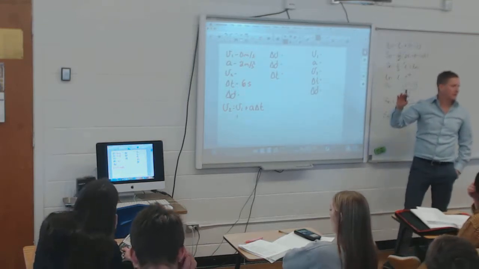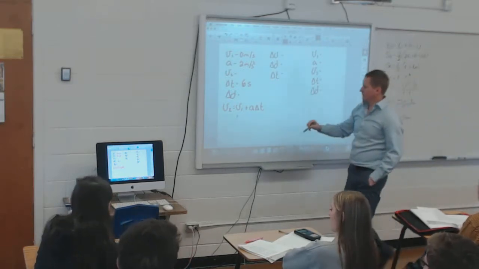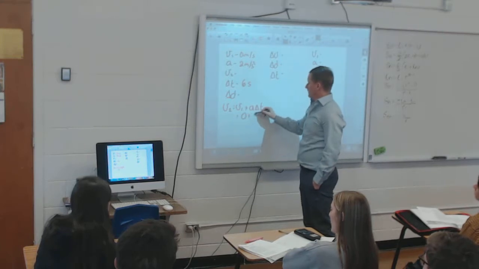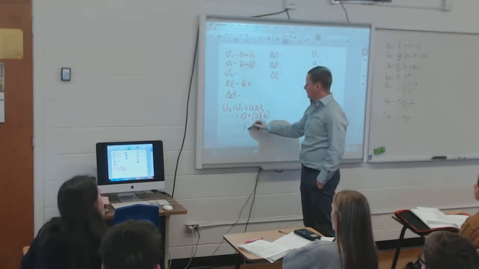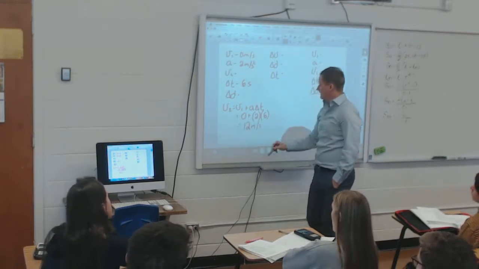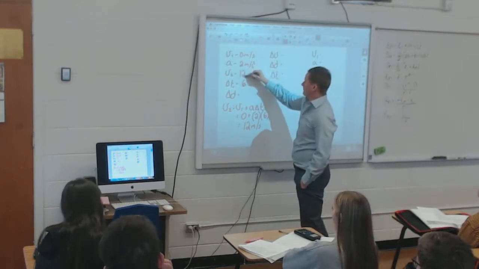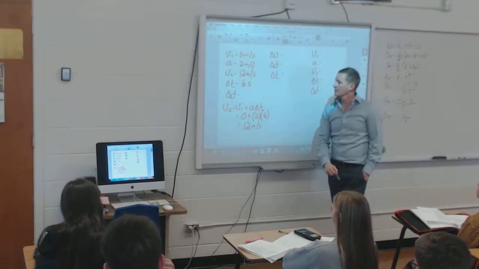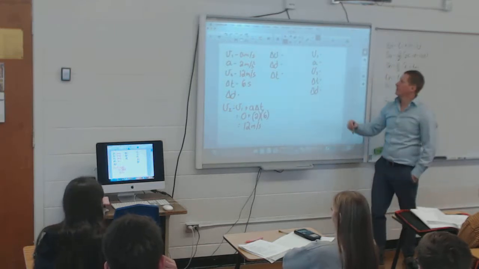Okay, so V1 is 0, right? My A is 2, and my time is 6 seconds. So how fast is he going at the end of 6 seconds? 12 meters per second. So he's going 12 meters per second at that point.